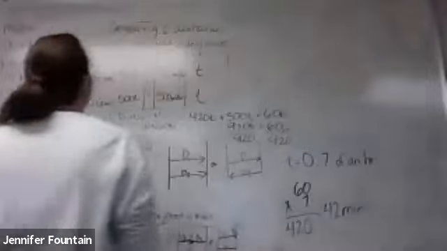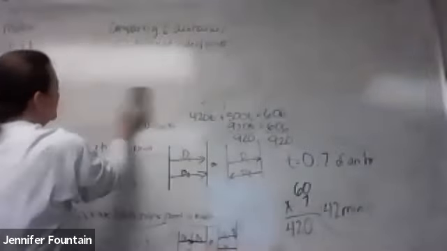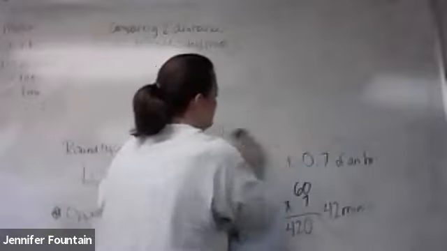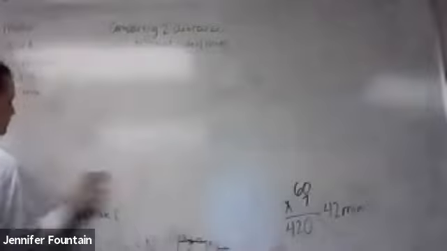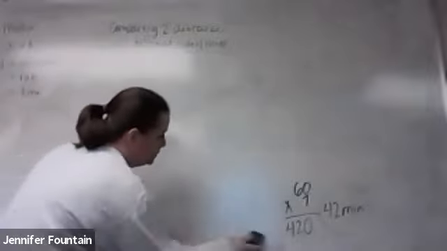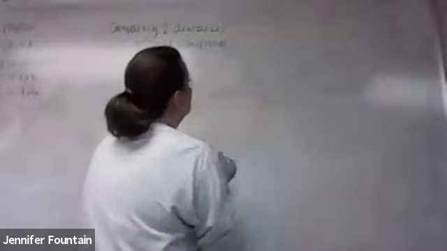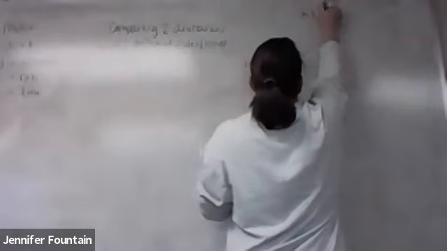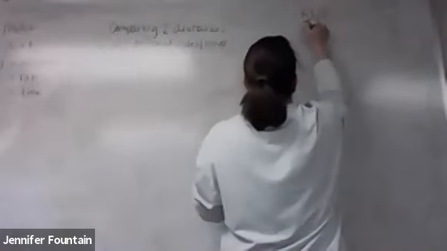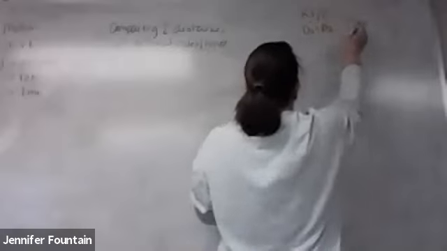All right, so I'm going to erase this. I'm going to move these over so they're not right in the middle of the board. So we'll put round trip or pursuit: distance of 1 equals distance of 2.